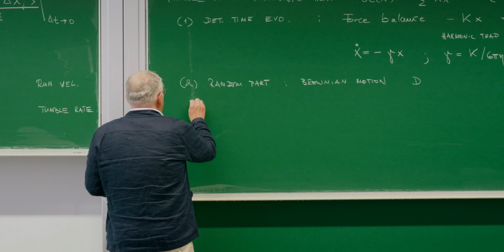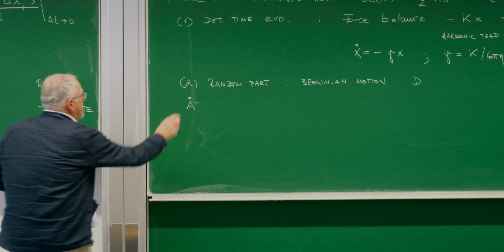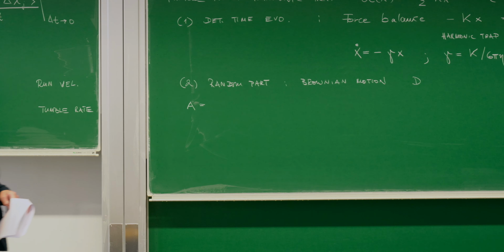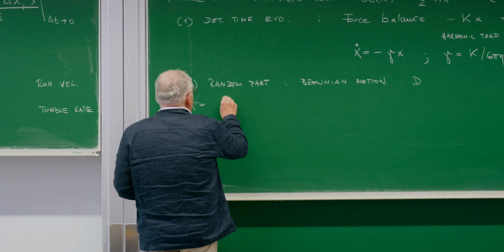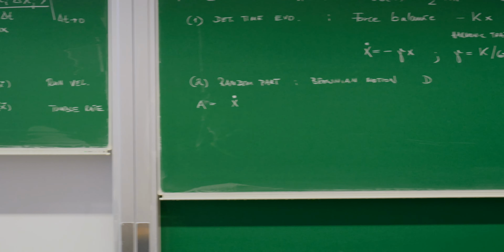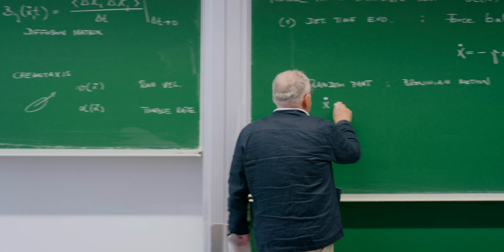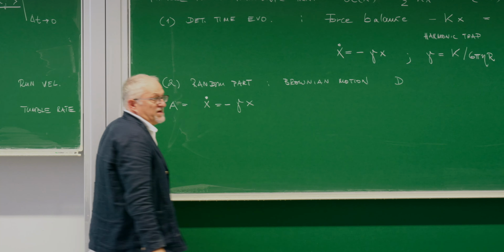So what do we have? We have a drift vector, and this drift vector is simply given by the deterministic part because it's the mean velocity of our process. So it's x dot. Remember, A is simply the mean of dx/dt, so the velocity x dot, and I can read this off: minus gamma times x.